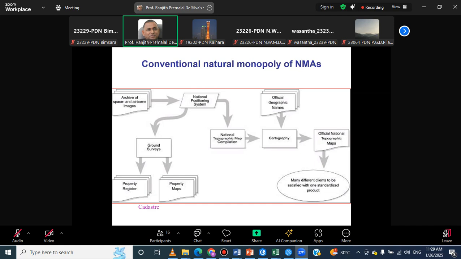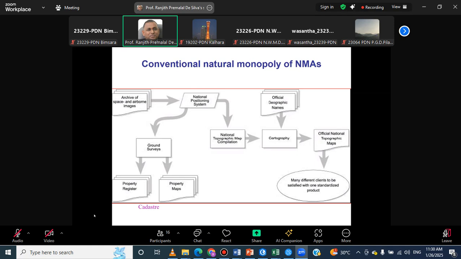This picture shows how the national mapping agencies managed their monopoly over the period, because they did not allow other people to come in. They had their products, and whether it was useful for the people, they were not really interested. Survey Department is different now, but earlier, as a national mapping agency, they had the monopoly. This is a common diagram.